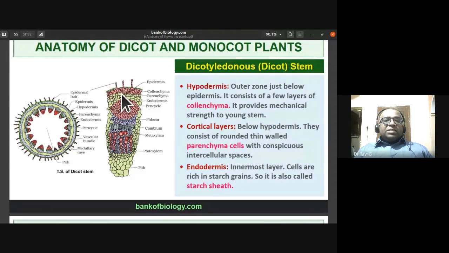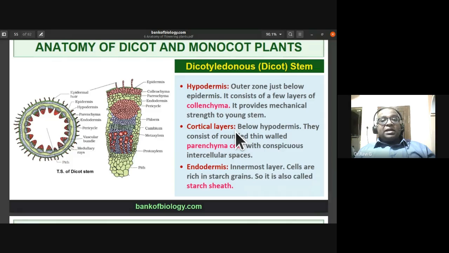The hypodermis is the outer zone just below the epidermis. It consists of a few layers of collenchyma, and you know that collenchyma is a living mechanical tissue, so it provides mechanical strength to the young stem.